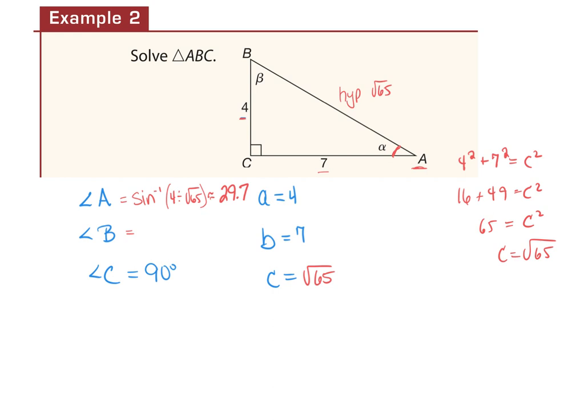So I can just say, well, this is just going to be 90 minus 29.7. I don't have to do any trig there. I can literally just subtract. All right, 60.3. Once you have all three angles and all three sides, you have solved the triangle. All right, you have solved the triangle when you have all three angles and all three sides. Questions on solving a triangle?